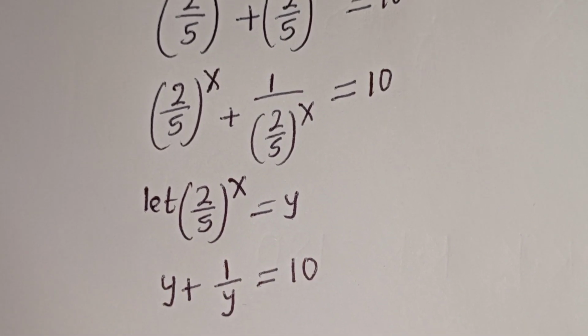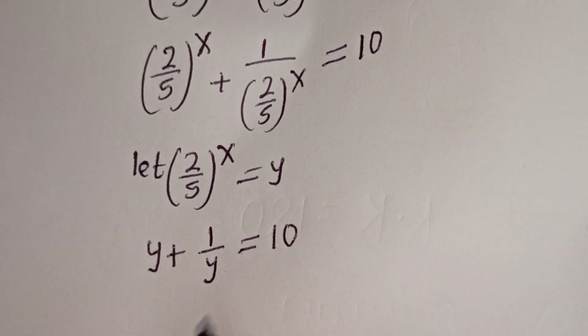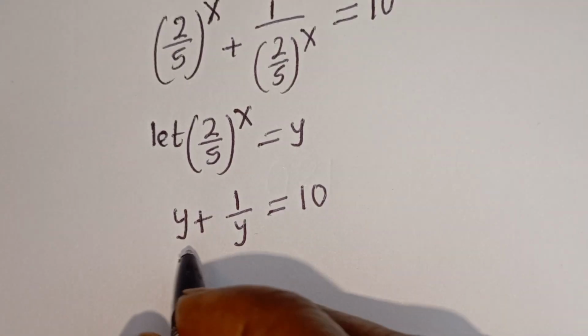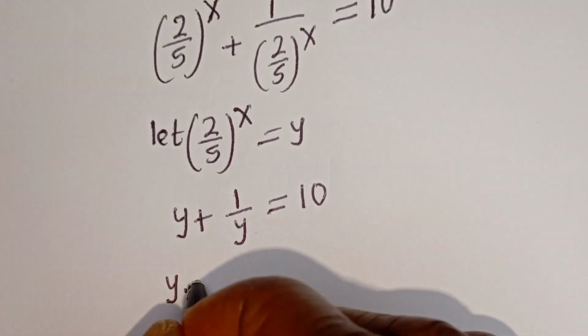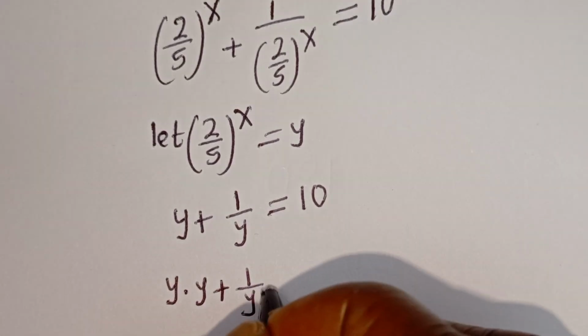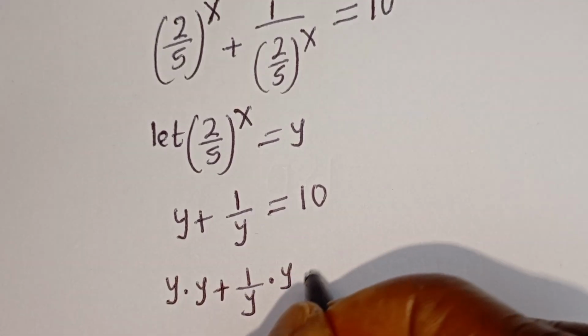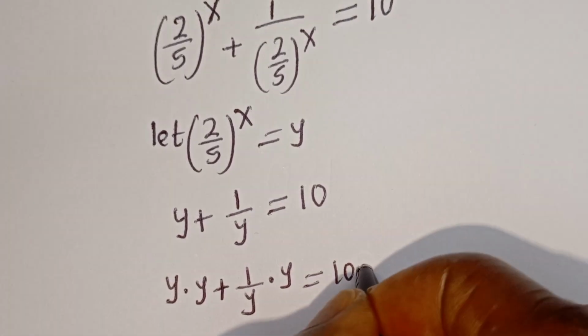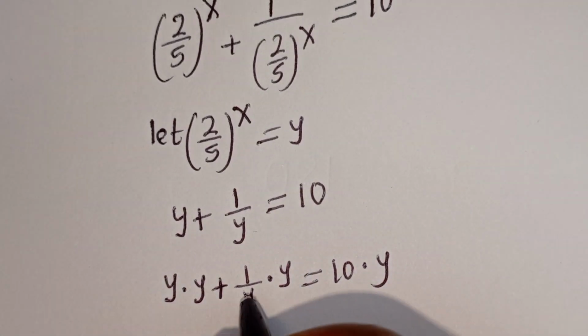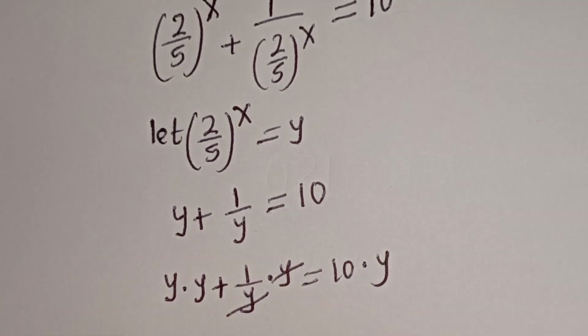Now let's multiply all through by y. If you multiply all through by y, we have y multiplied by y plus 1 divided by y multiplied by y is equal to 10 multiplied by y. From here, this will cancel this.